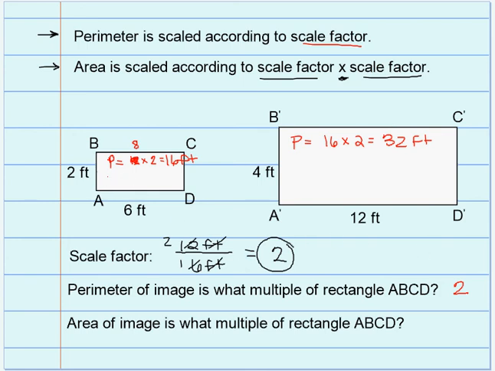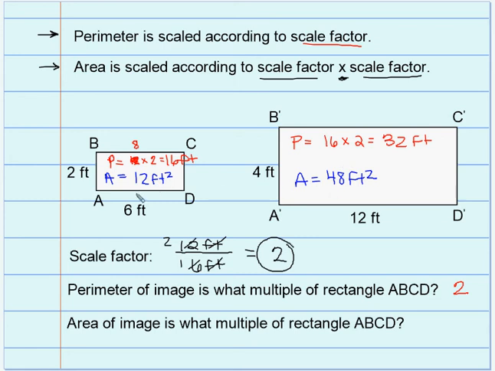The area, however, if we calculate the area of ABCD, we have 6 times 2, 12 feet squared. And the area of the image would be 12 times 4, which is 48 feet squared. So now compare these two.